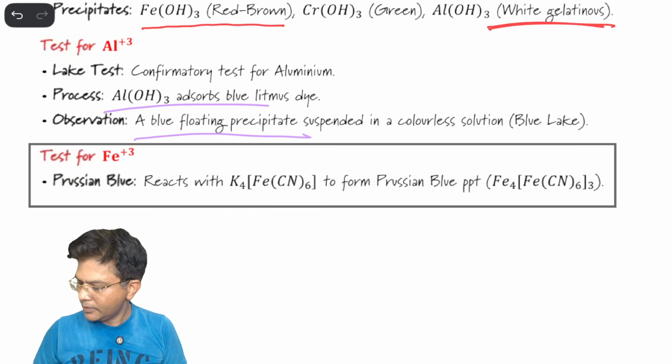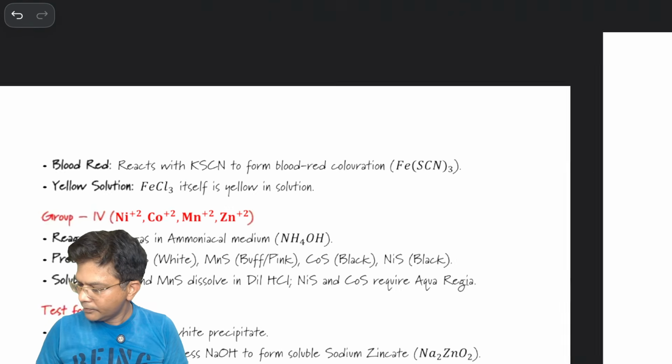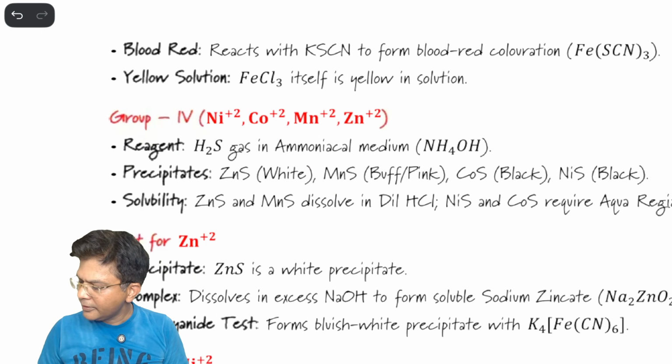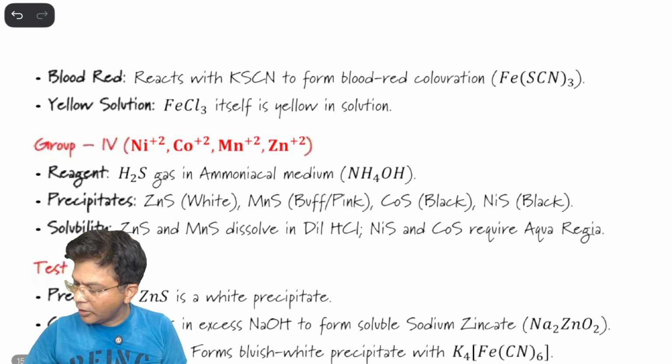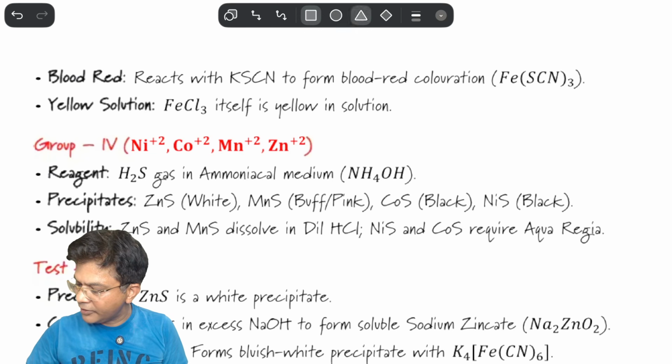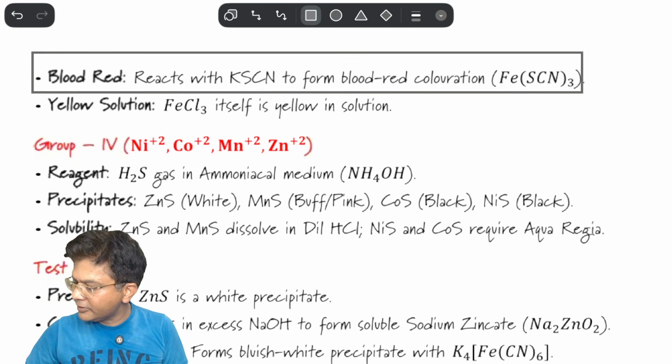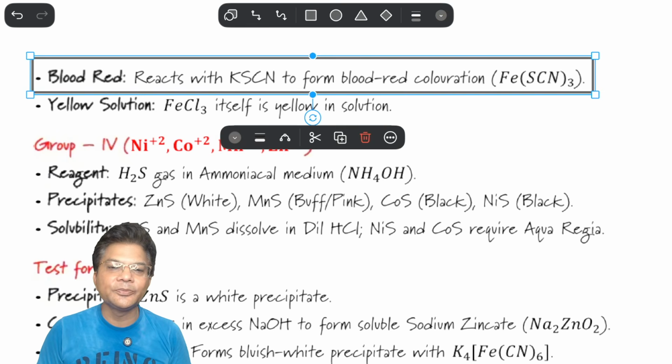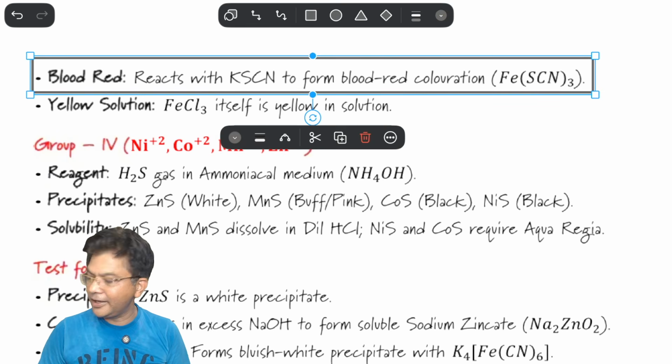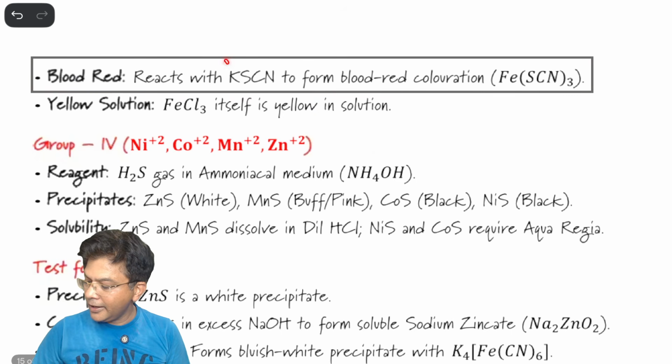Now, one more thing you should know, this one is also given in your organic chemistry as well: the reaction with KCNS, potassium thiocyanate. How to remember KCNS? K and CNS.